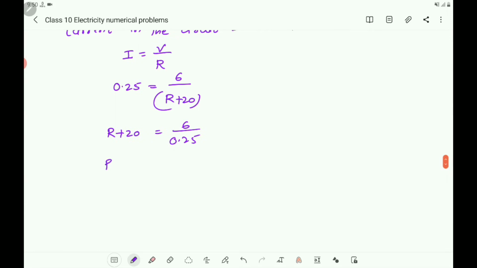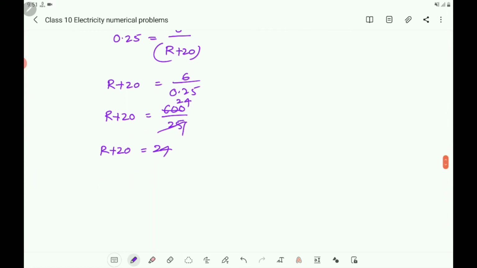Remove the decimal point, so it becomes 600 by 25. So R plus 20 equals, 25 ones are 25, twos are 50, 25 fours are 100, so you got R plus 20 equals 24.